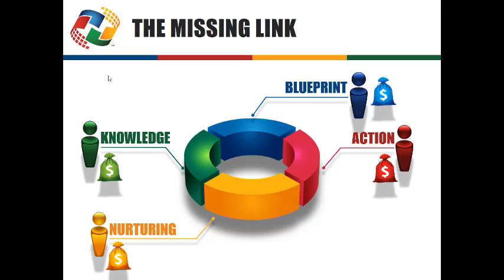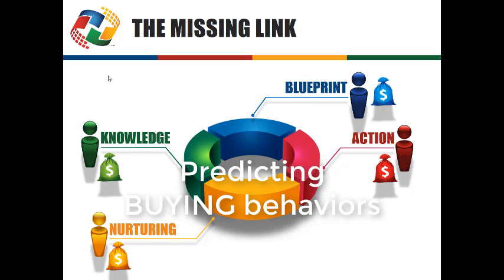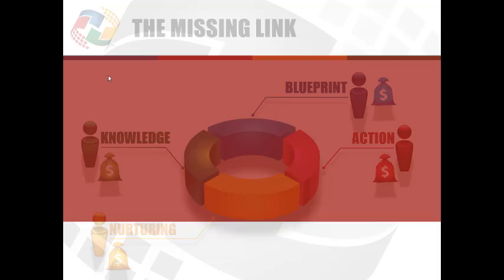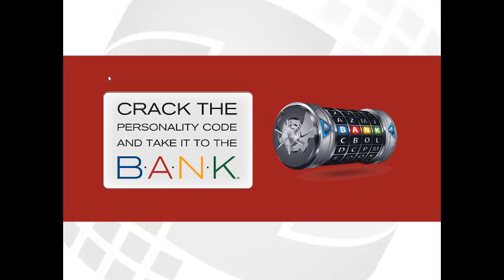But that doesn't really help one in sales to figure out how to sell to that other person. And that is exactly what BANKCODE does, it helps you better understand how to communicate with the person so that both you and they will be able to have a win-win situation.